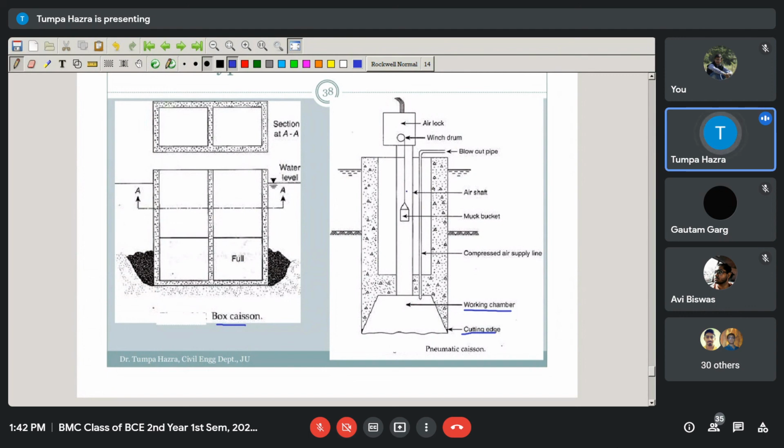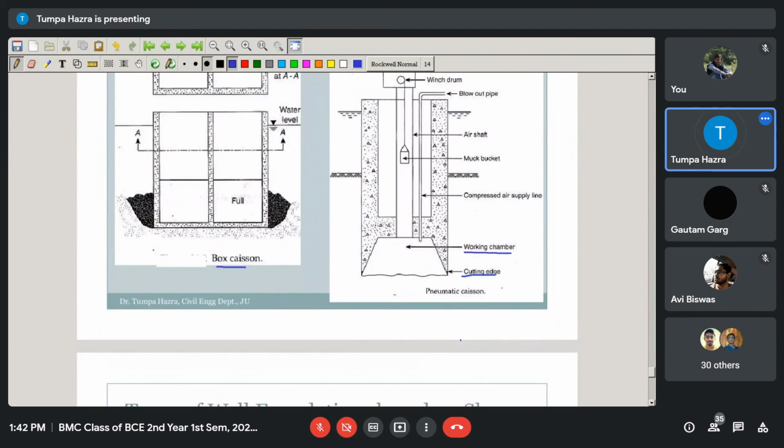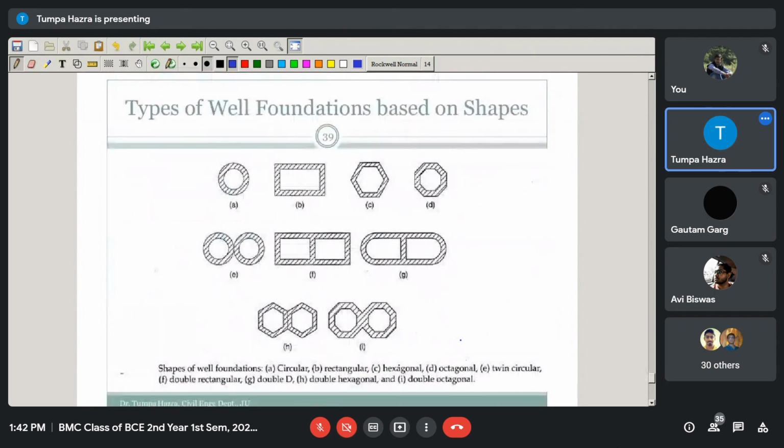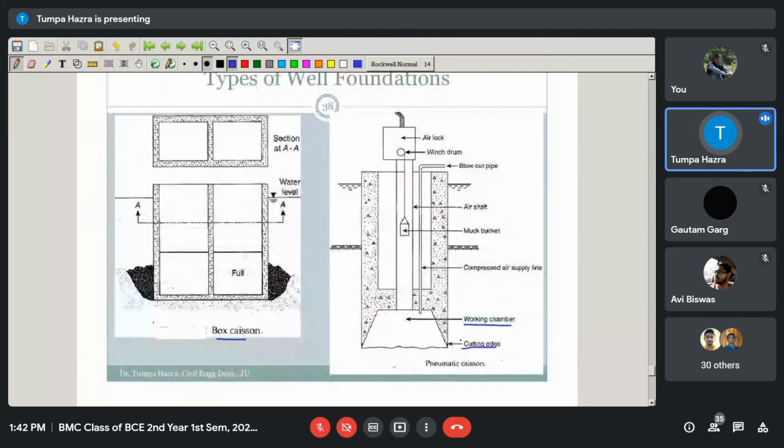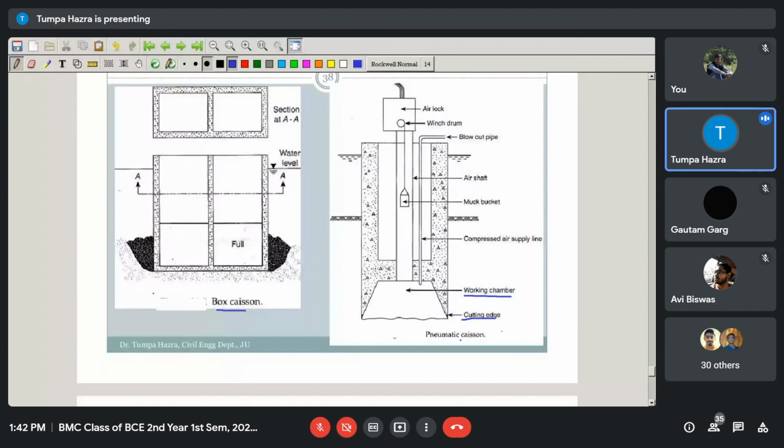And the third one is the pneumatic caisson. Here there is a dry working chamber which is responsible for cutting the soil up to the desired level. Okay, and the classifications I have told you are based on the method of construction.